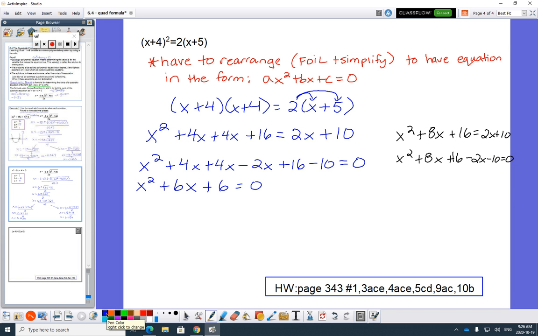You could have shown fewer steps. You could have even done all this and just written down 6. It's okay. So now we have A is 1, B is 6, as well as C.